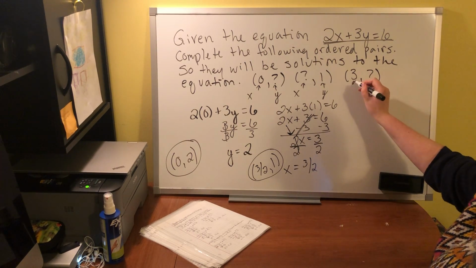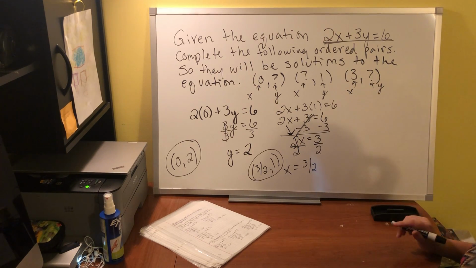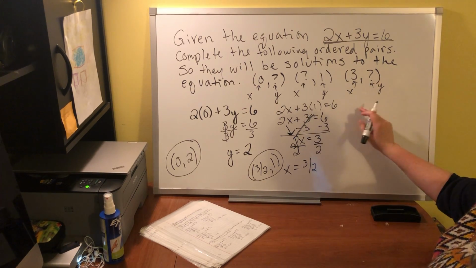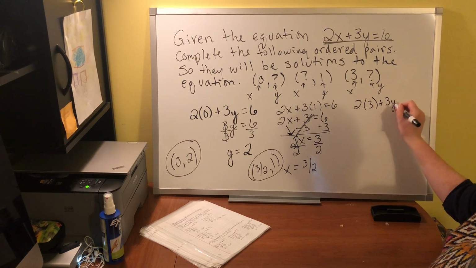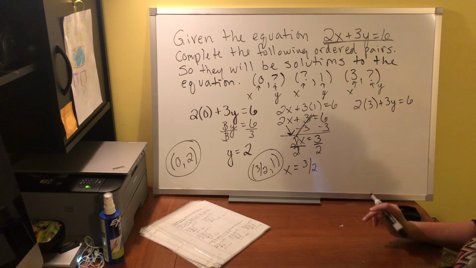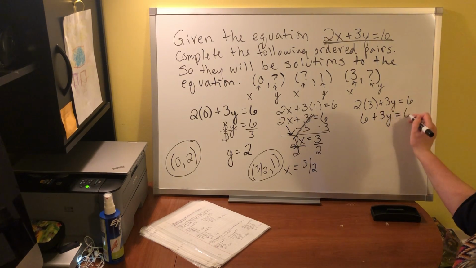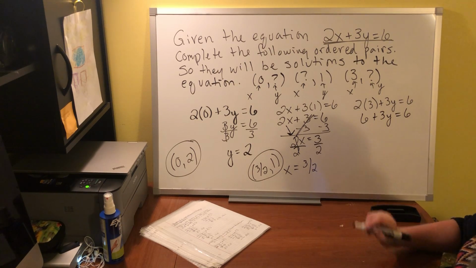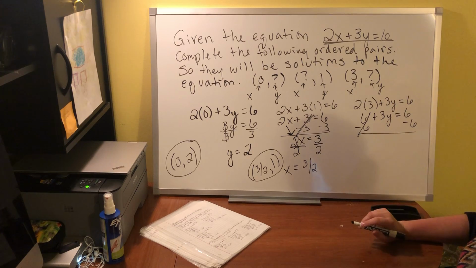So this time they gave us the x value, and we're solving for y, okay? All right, so here I have 2 times 3 plus 3y equals 6. So 2 times 3 is 6, plus 3y is 6. Next, we would subtract 6 on both sides, so 6's cancel.